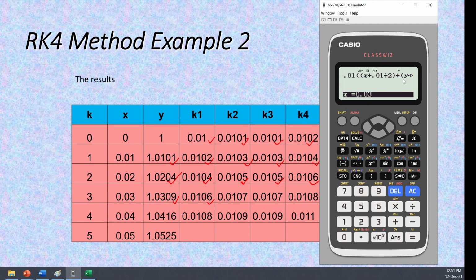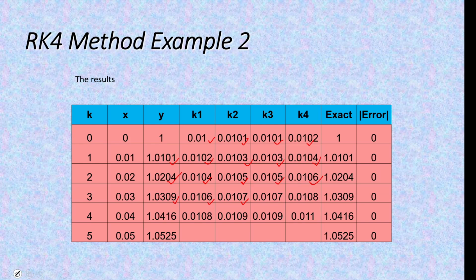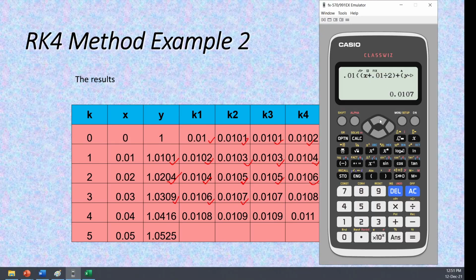Okay, for K2, make sure you get the correct formula. X is 0.03, Y is 1.0309, A is K1, 0.0106. So 0.0107. Okay, want to search back Y plus B one, because too long.